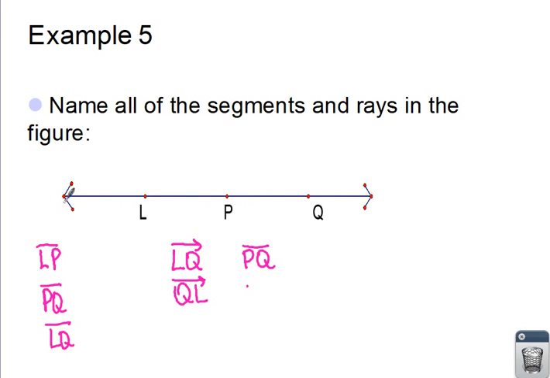Ray QP is actually the same as QL, so we don't have to list that. We could have ray PL, start at P, go through L. But then if we said LP, start at L and go through P, that's actually the same as LQ. Okay, did I miss any? Double check.